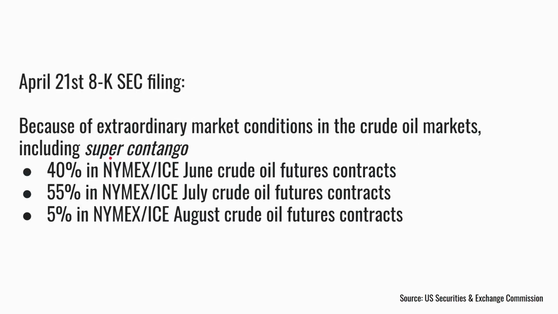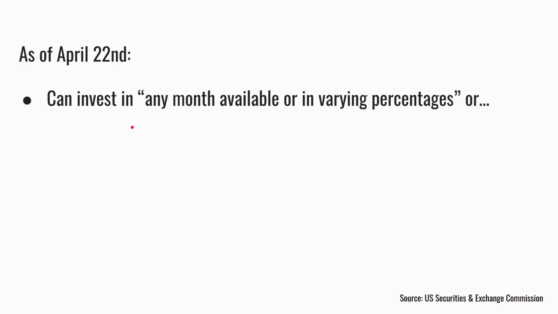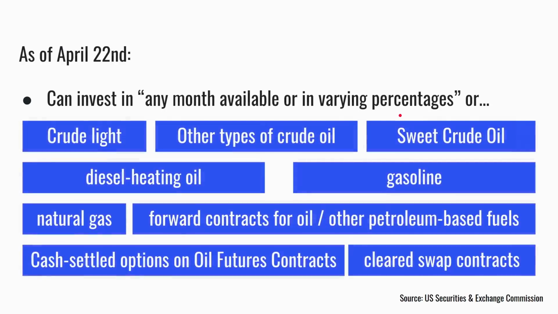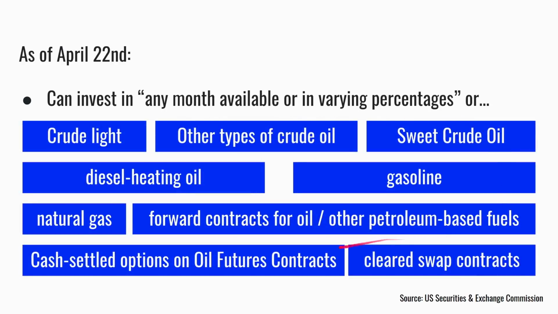Then on April the 21st, because of the super contango, they changed the rules to be 40% in June, 55% in July, and 5% in August. In other words, moving further out on the futures curve. As of April the 22nd, they became even more flexible, saying that they could invest in any month available, or in varying percentages, or a whole variety of other contracts, which includes some over-the-counter derivatives which come with counterparty risk.